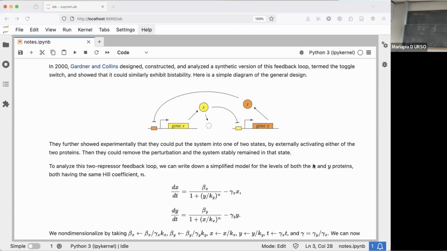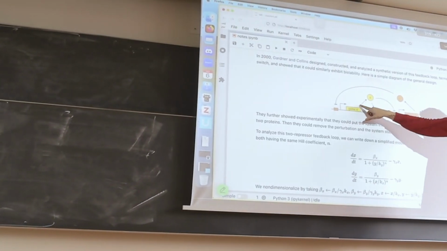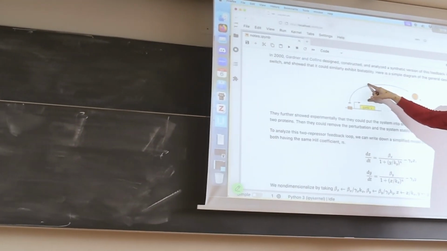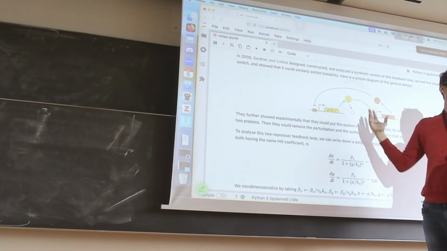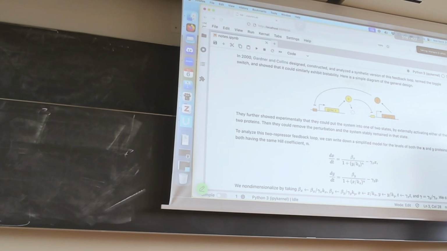One gene X, one gene Y. You can call one of them the on state and the other the off state. And what they do is, if gene X is produced a lot, then we turn off gene Y. So gene Y will not be produced enough to repress gene X. And the other way around. So one of them mostly is dominant.